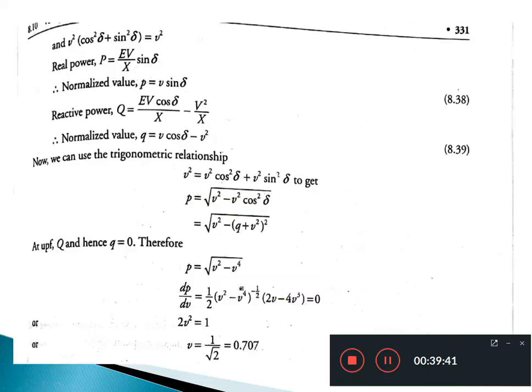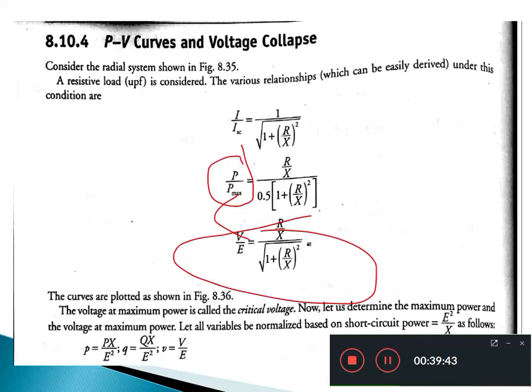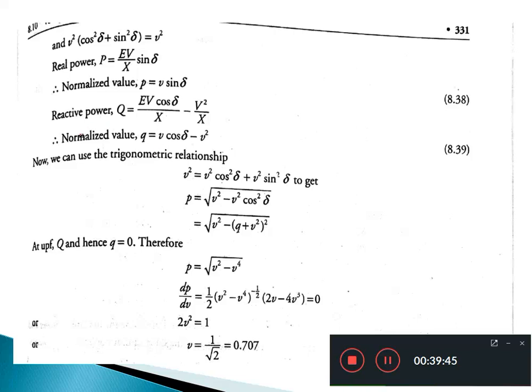Okay. So then we have to obtain the expression, the voltage collapse equation. This is V square sin delta plus cos delta. Real power, we know that this is the standard equation, then real power is in general V sin delta. Reactive power Q is EV cos delta by X minus V square by X. Normalized value V cos delta minus V square.